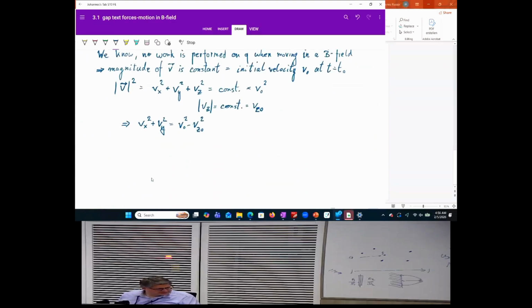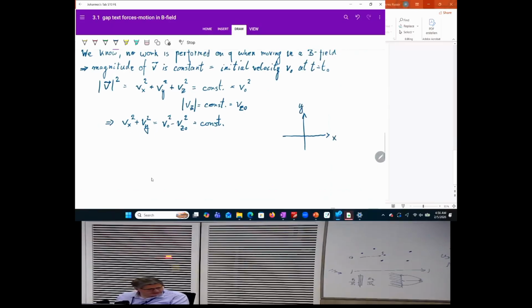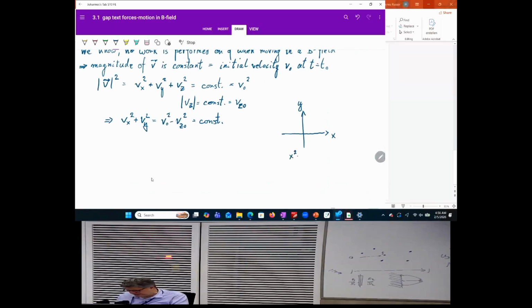I think this probably looks familiar. You have vx squared plus vy squared is a constant. If you have x and y, and x squared plus y squared is constant, then you just get a circle.